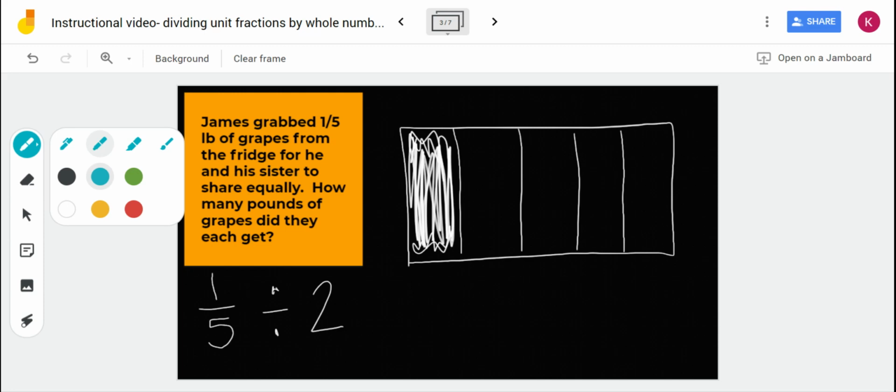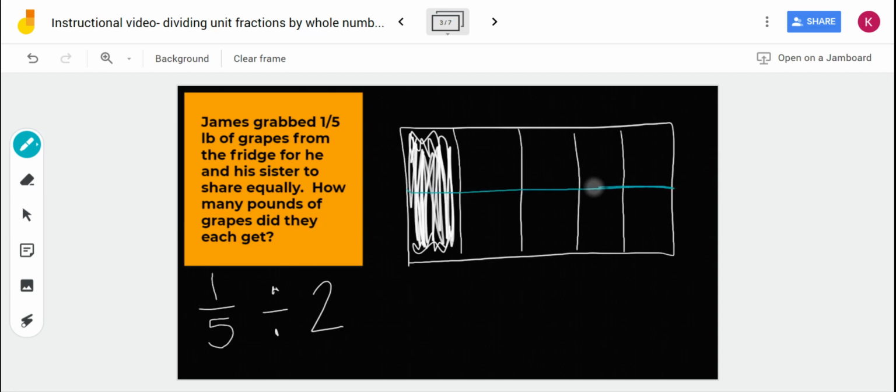So instead, I'm going to draw a horizontal line, or a line going across, to show 2 equal parts. I can do that by showing my blue line there. Now I have a top part up here and a bottom part down here. That's 2 equal parts, or divided into 2 parts.